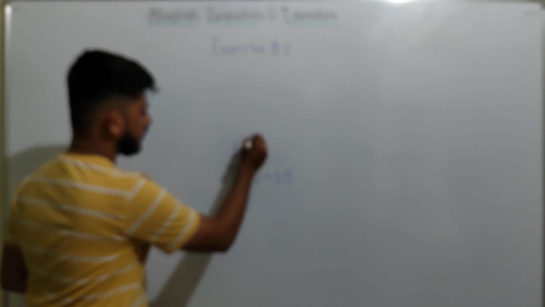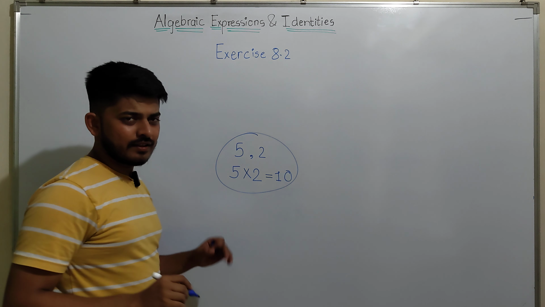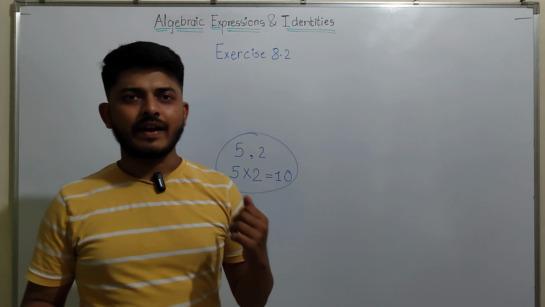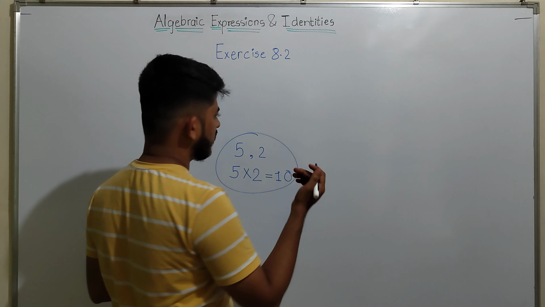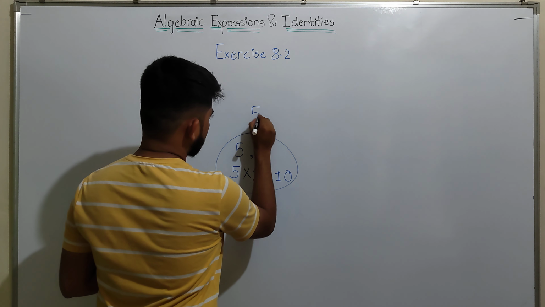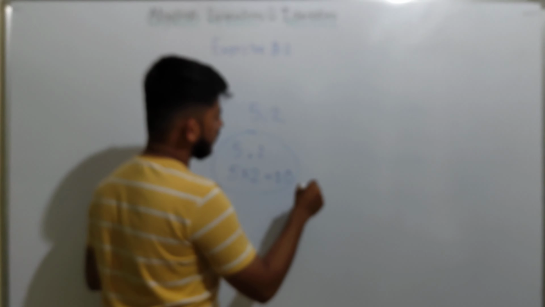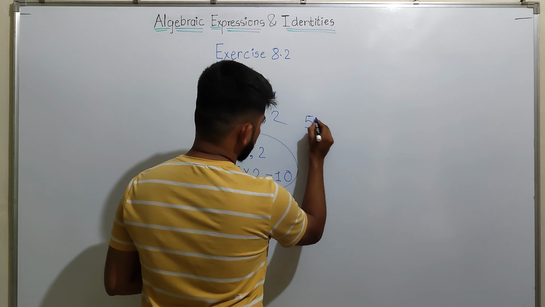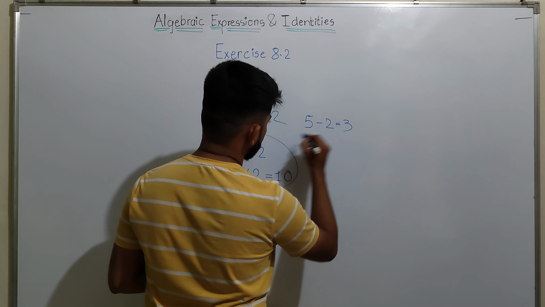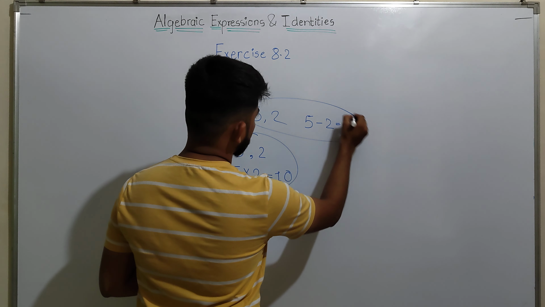Now suppose in this exercise we had to find the difference between 5 and 2. The difference between 5 and 2 is 5 minus 2 equals 3. This is the difference.